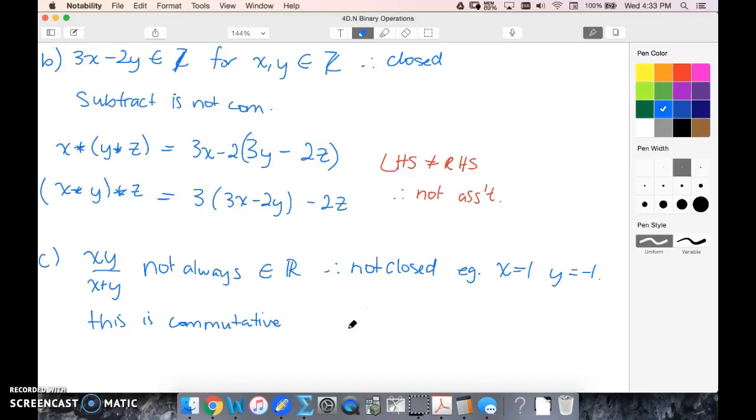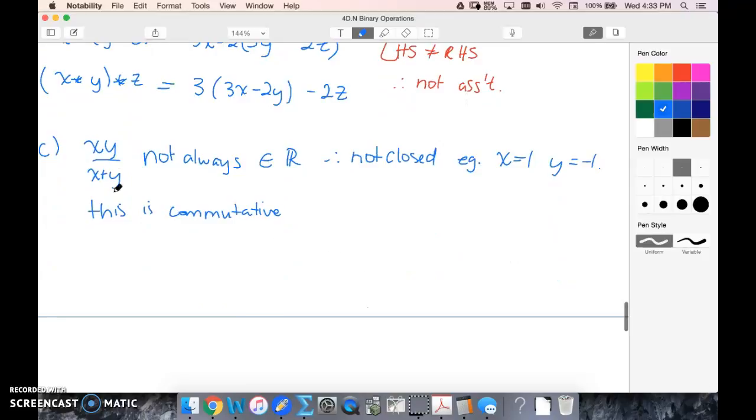All right. Is it associative? I'm going to go with probably not, just by looking at it. x star (y star z). Thinking of my y star z, I'm going to have yz over y plus z. So x times yz over (y plus z), over x plus yz over (y plus z).